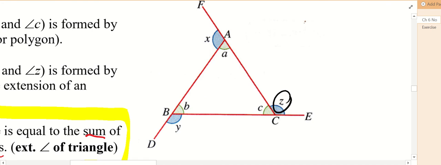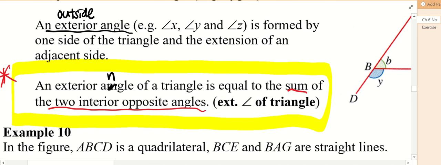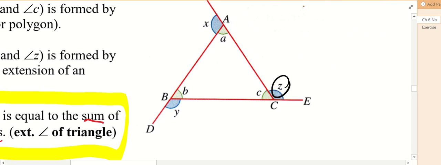If I look at angle Z here, the statement says this exterior angle is equal to the sum of the two interior opposite angles. Interior means inside, and opposite. So which two angles are opposite interior angles to angle Z? Make a guess.